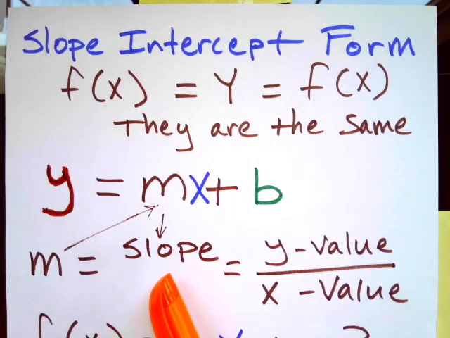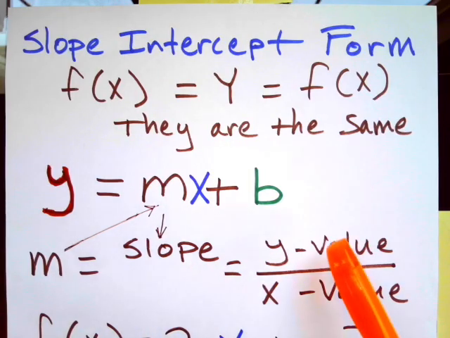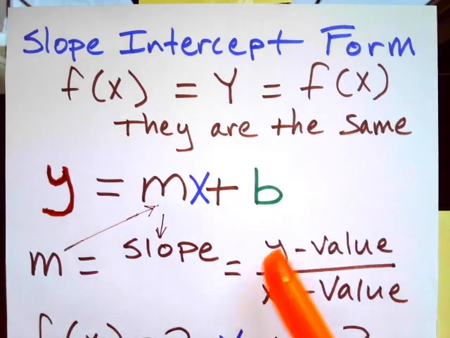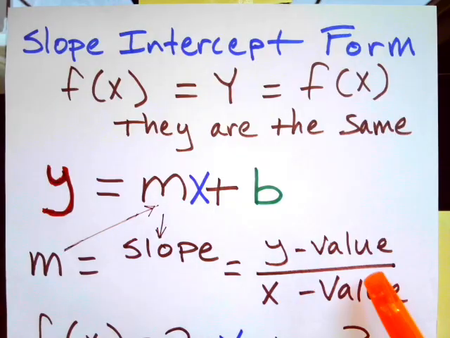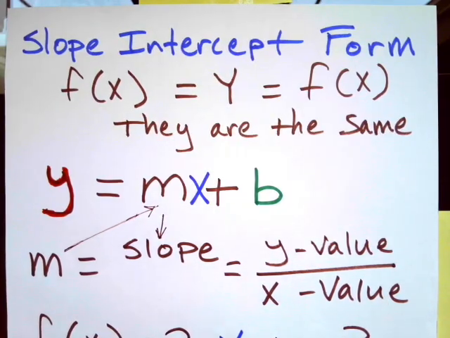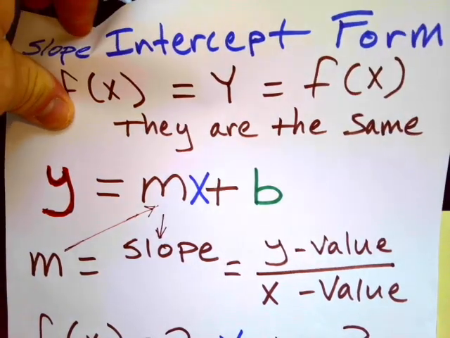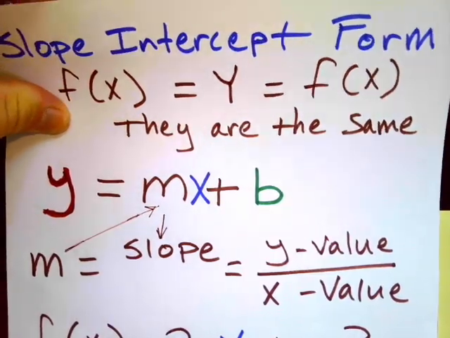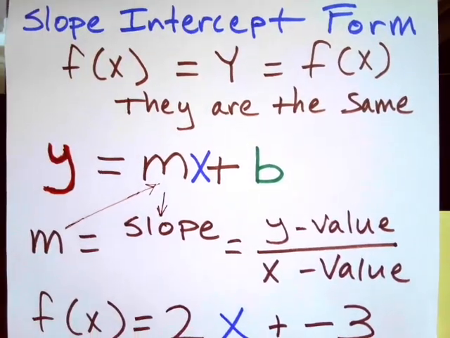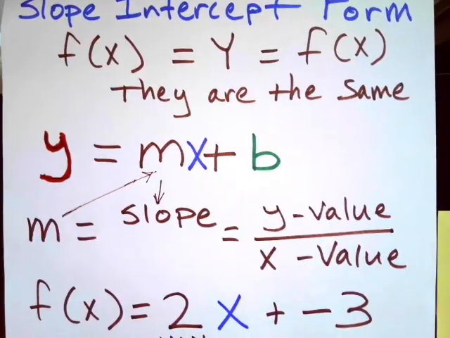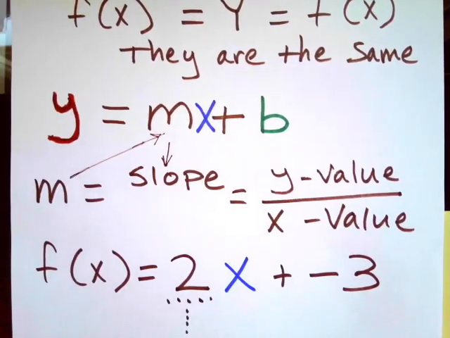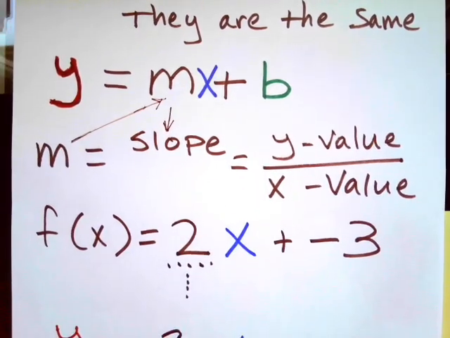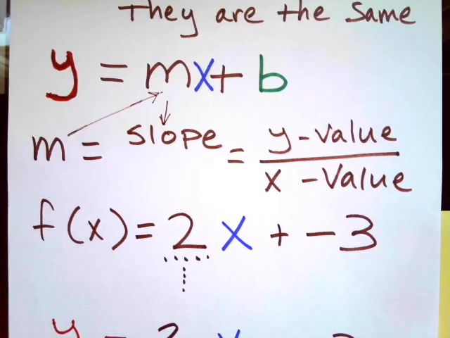Slope will be rise over run, or y value over x value. Okay, that's about as much as I'm going to get into for this video. Again, if that's confusing, please watch my videos. I've uploaded those videos to help you understand slope-intercept form.